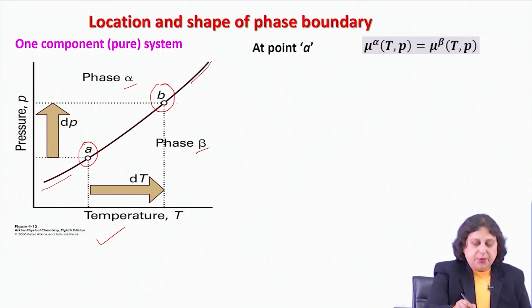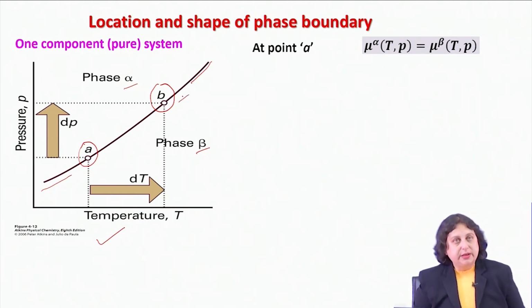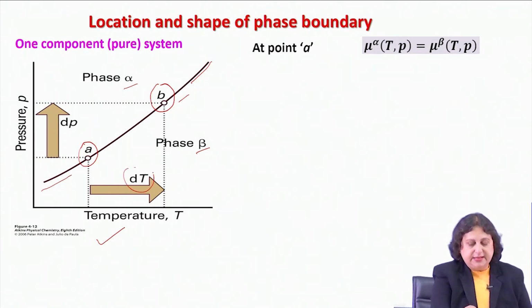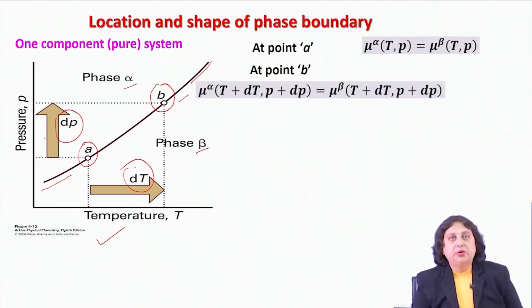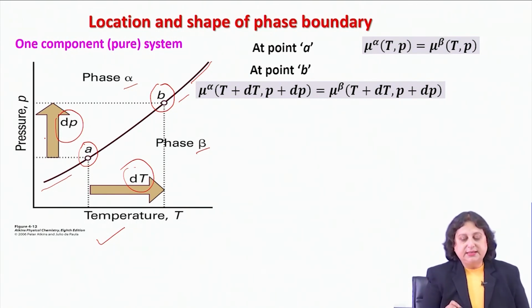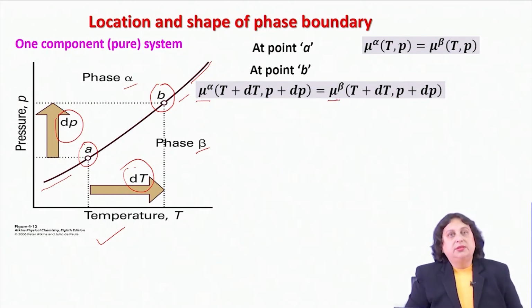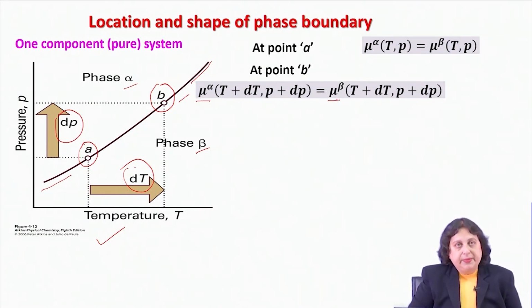But now I have a coexistence between the two phases alpha and beta in equilibrium at a temperature T plus dT, where dT is this amount, and P plus dP, where dP is this amount. Therefore, the condition of phase equilibrium at the point B would now read: the value of mu alpha must be equal to the value of mu beta.